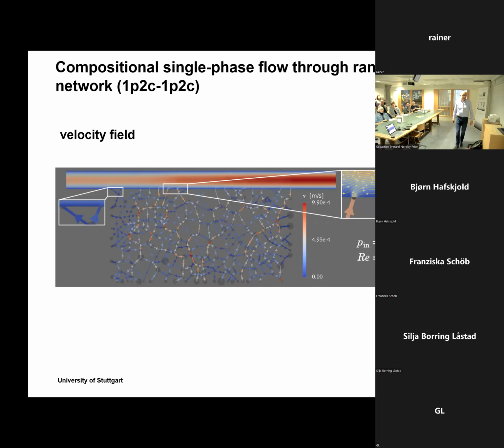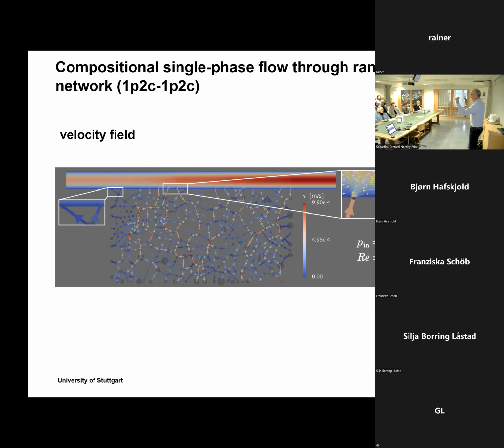Okay? So now I come back to my boundary layer story. If you have a higher Reynolds number, then you see directly the boundary layer, and the boundary layer has a strong influence. That means the advective term is not so important any longer, but the diffusive one is very important now. Why? Again, in the free flow you have a really tiny concentration. In the porous, you have a high concentration.